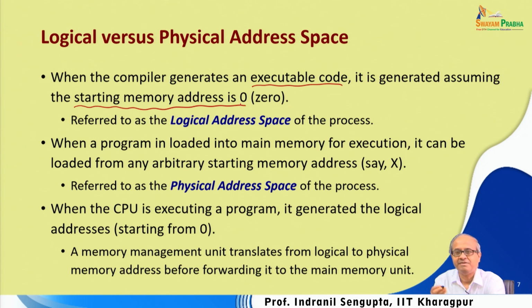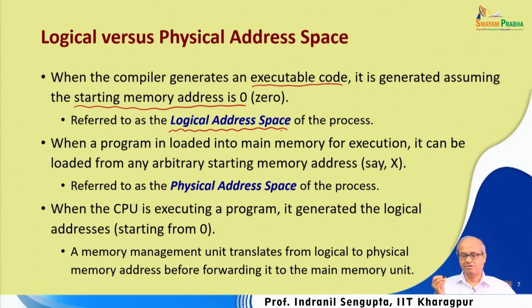Actually, it can be loaded from anywhere in memory, but the compiler does not know where. So it generates starting from 0, and this is referred to as the logical address space of a process. This is not the real address space in memory, but logically speaking, starting from 0, say up to 5000, this is my total address space.